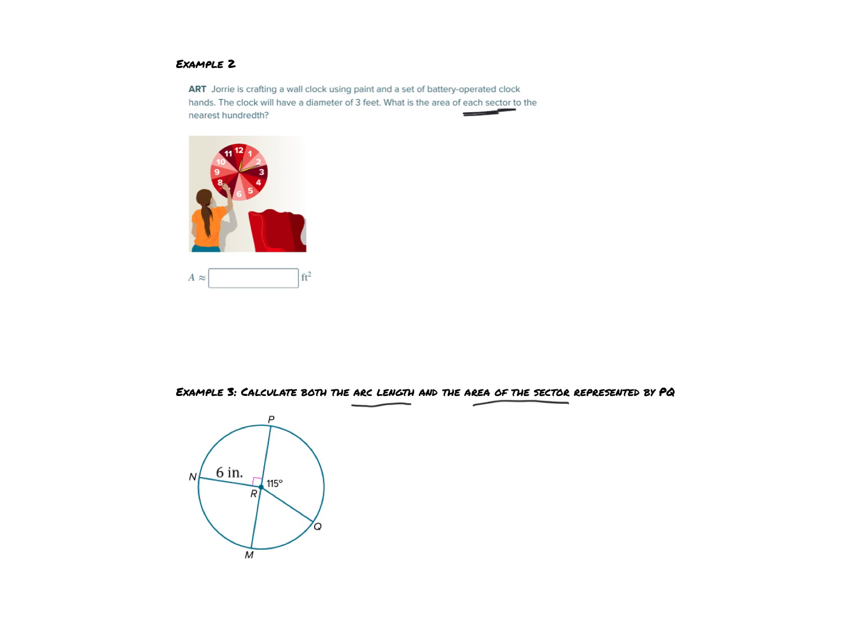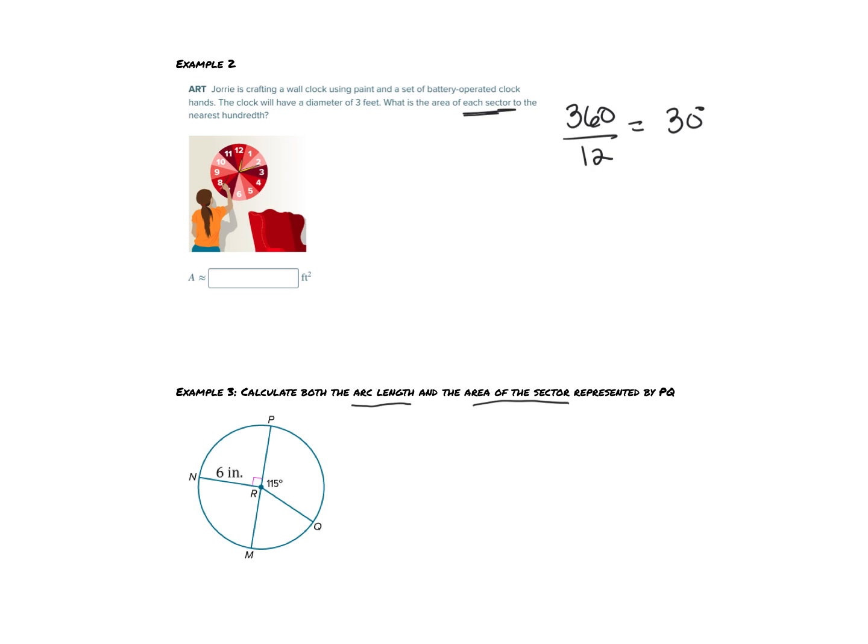Okay, for the first example here about the clock, keep in mind the first thing you need to do is that you have 12 sections of a clock. So you need to do 360 divided by 12 to find out the measure of each degree for each section. So that's going to give me 30 degrees.